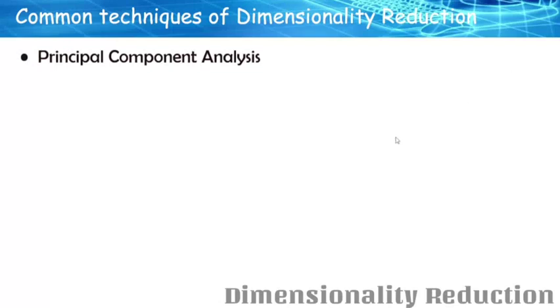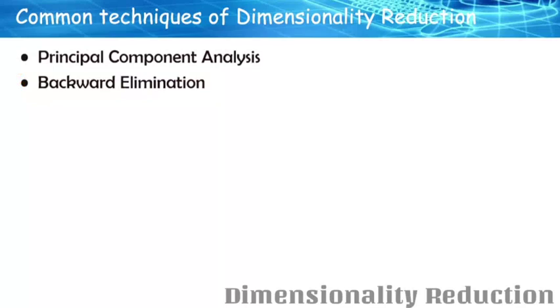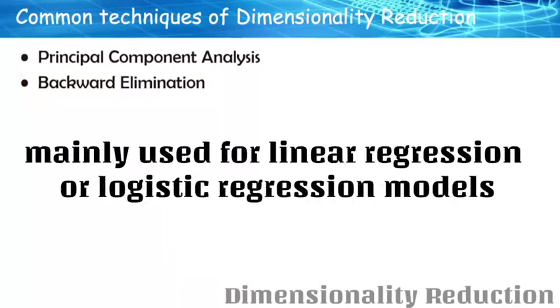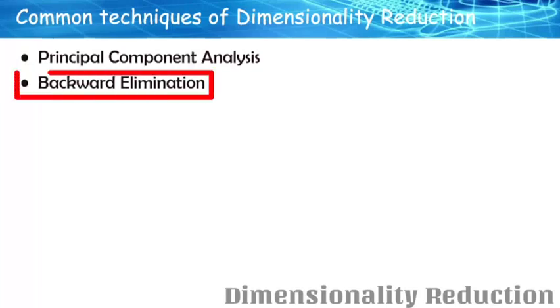Okay, so the next common technique used in dimensionality reduction is backward feature elimination. The backward feature elimination technique is mainly used for developing linear regression or logistic regression models. So when you're working on linear regression or logistic regression models, you can go with backward elimination.